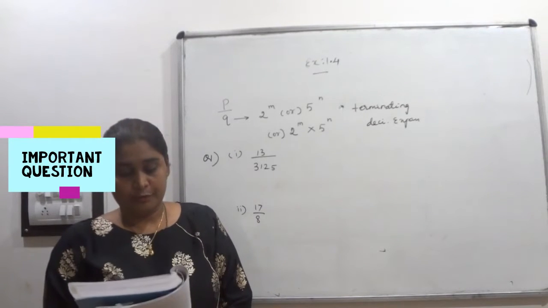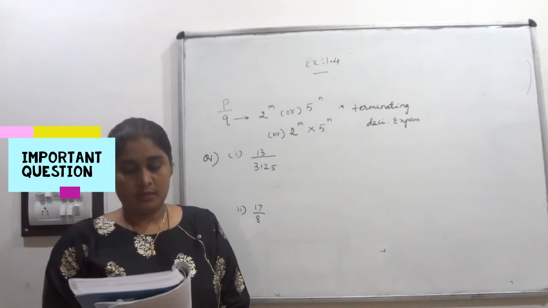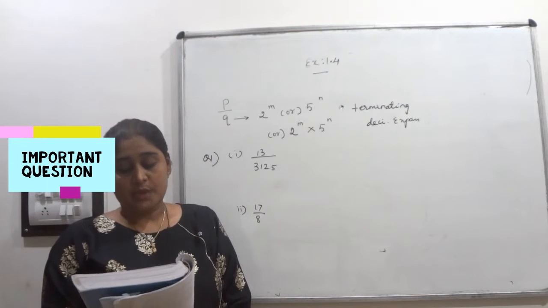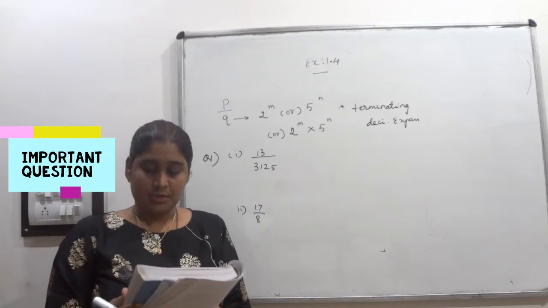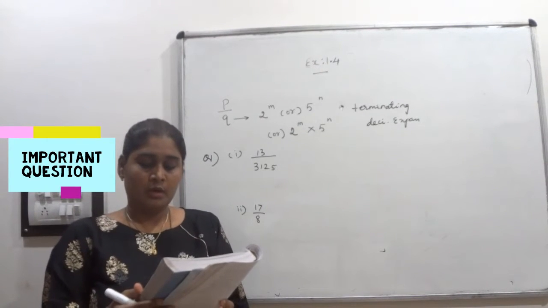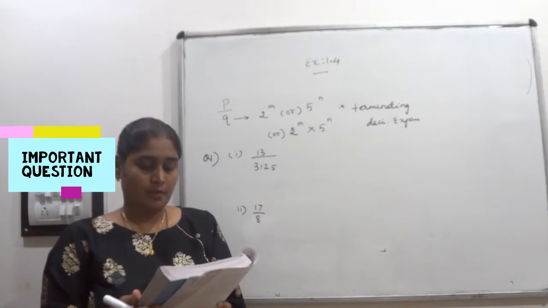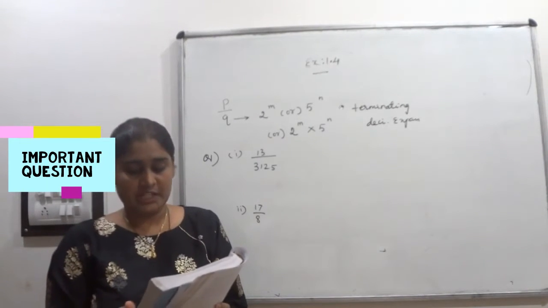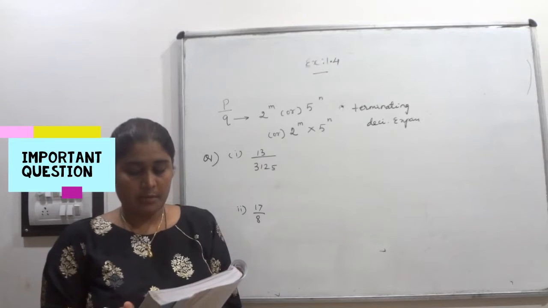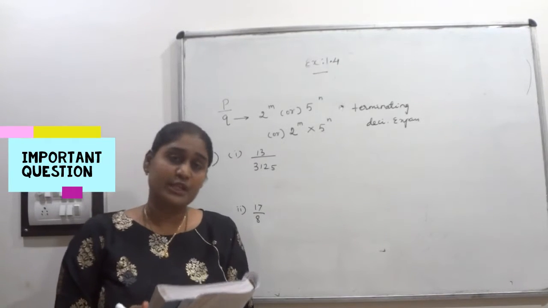Exercise 1.4, question number 1. Without actually performing the long division, state whether the following rational numbers will have a terminating decimal expansion or non-terminating repeating decimal expansion.